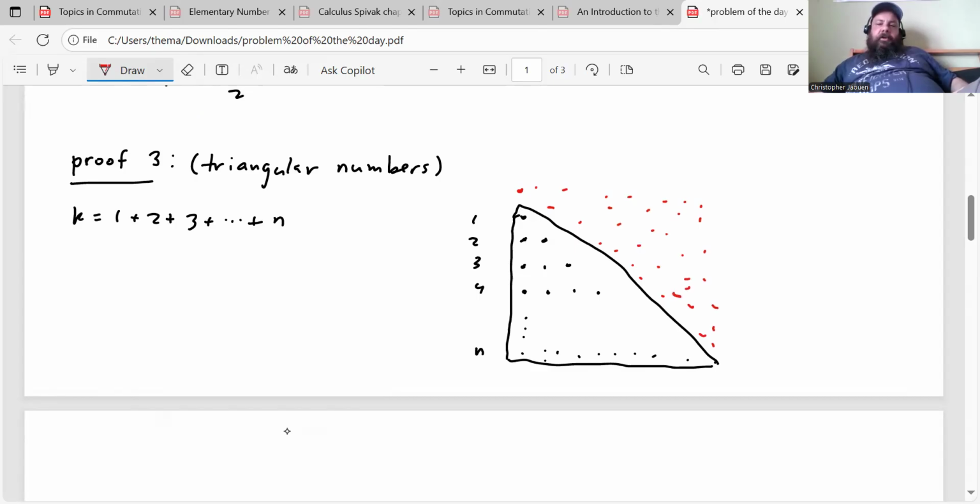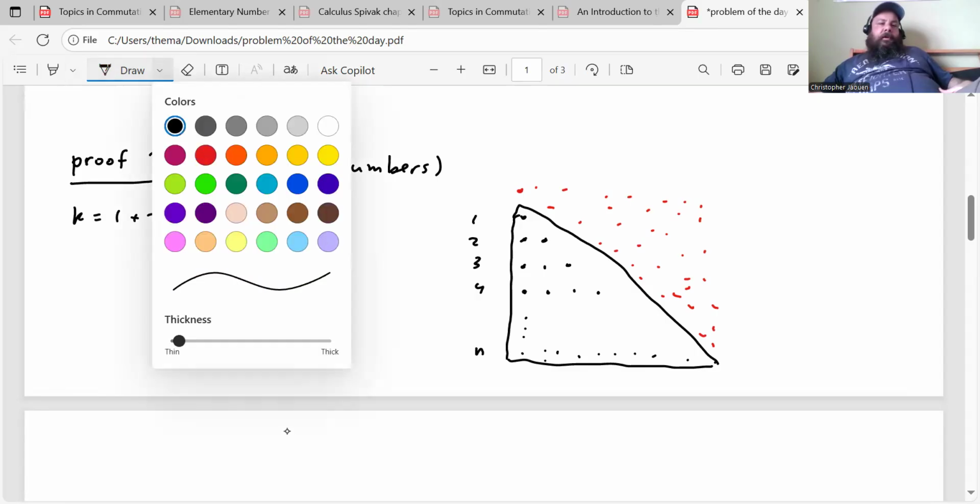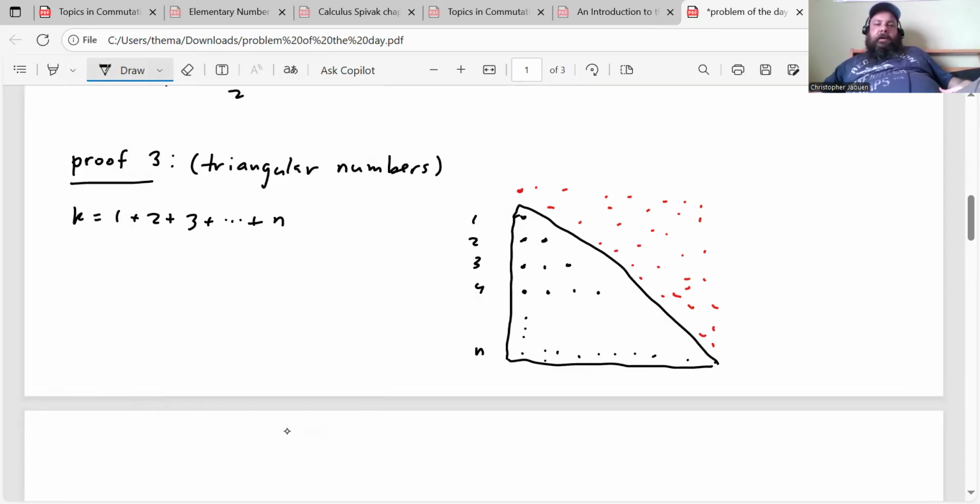So we're just taking another copy of the dots in that triangle. Then we end up with, let's see how many dots. Here we have n plus 1 rows of dots, and here we have n columns of dots.